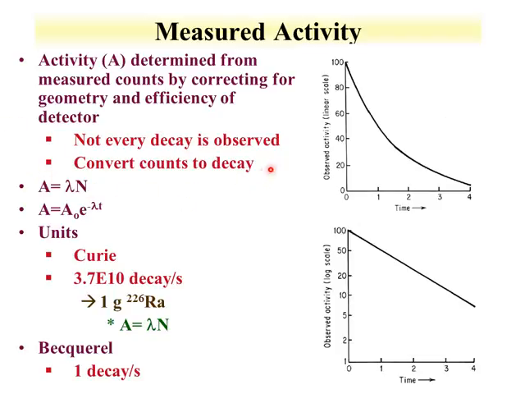And by knowing the efficiency of the detector, and it's usually at the energy that one is measuring the particle, you can determine activity. So if I have the counts, divide that by the efficiency, I can get activity.